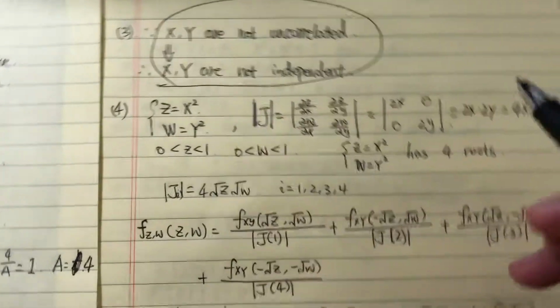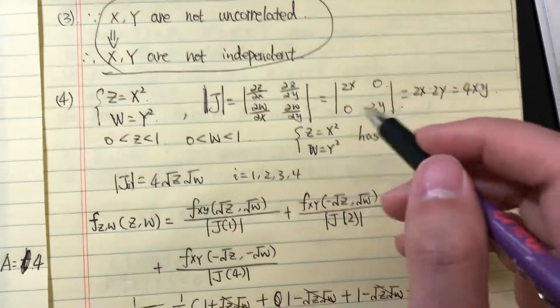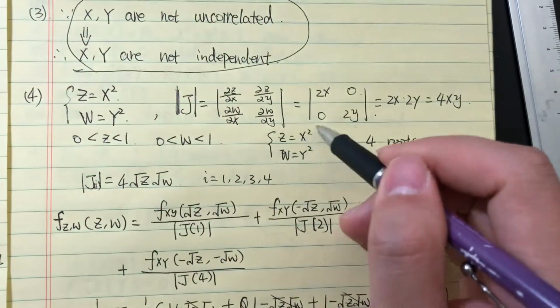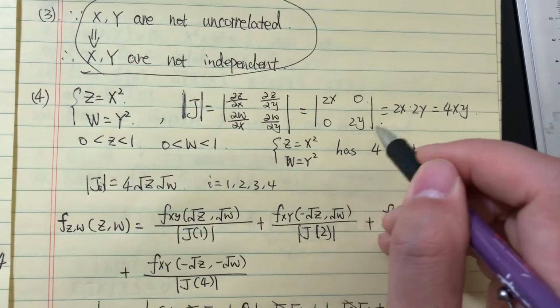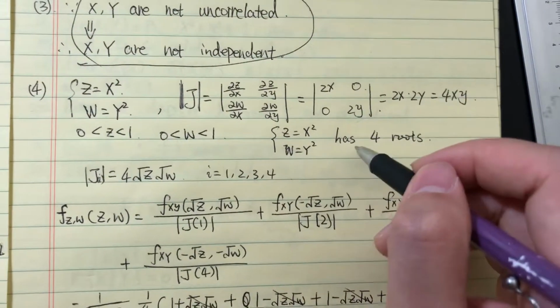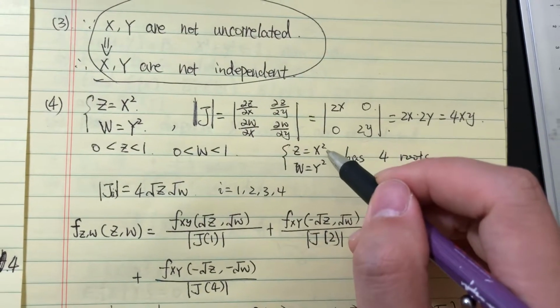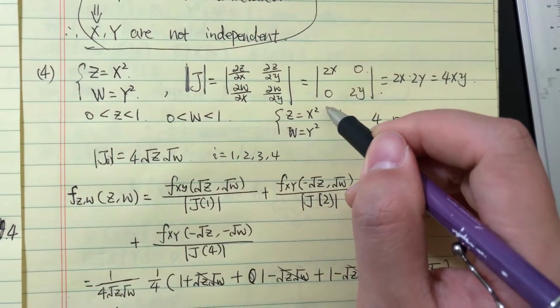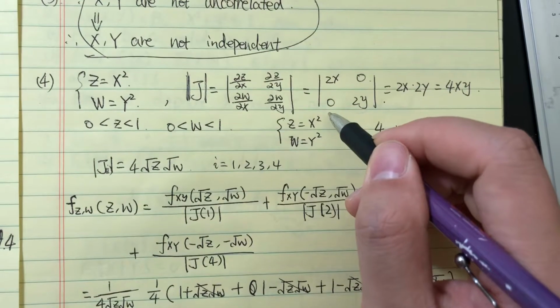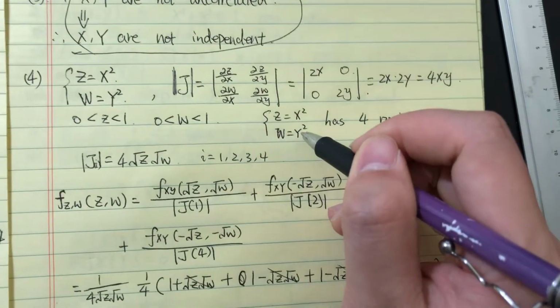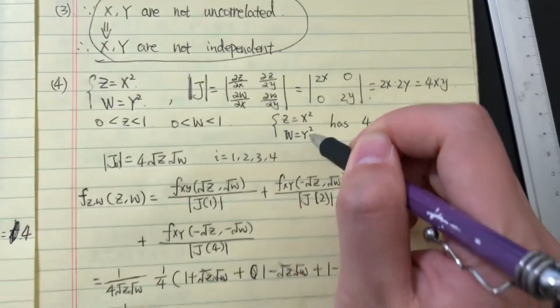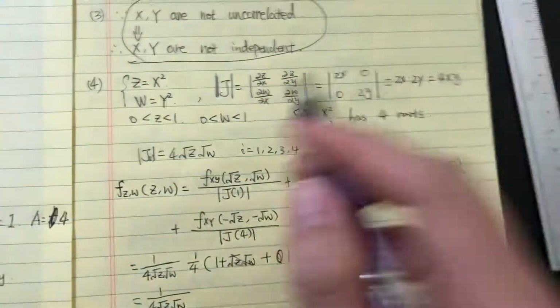And because Z is X squared, X is going to be plus or minus the square root of Z, and Y plus or minus the square root of W, so there are 4 roots.